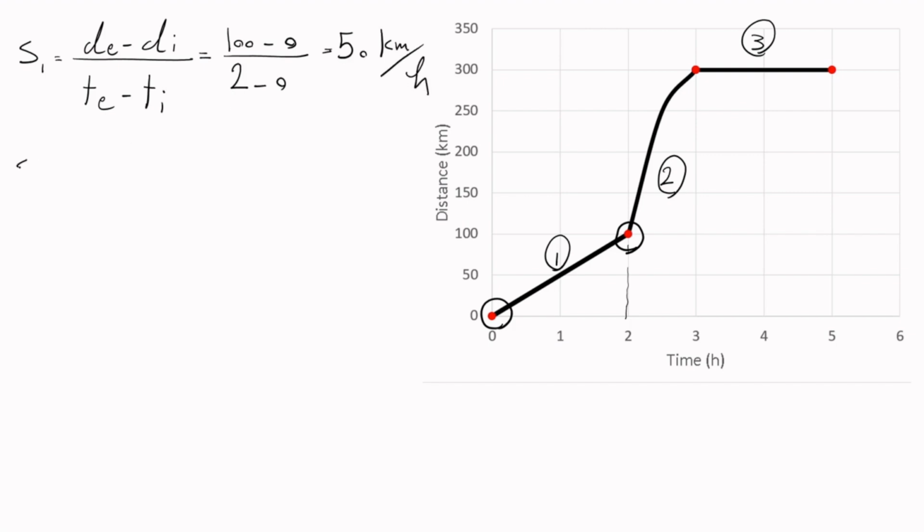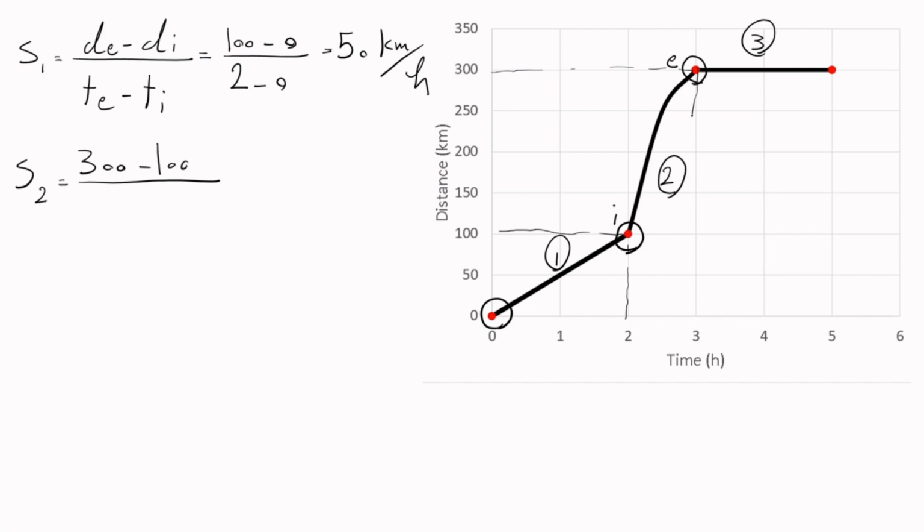Let's go for the second part, which is the curve. Is it going to have impact on our solution? No, of course not. This is going to be ending point of the second part, and this is going to be initial point of the second part. What is the distance of ending point? It is 300. What is the distance of initial point? It's going to be 100.